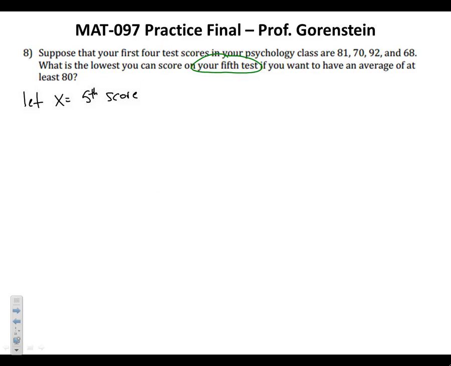We want the average of the 5 scores to be at least 80. That means equal to 80 or more than 80, 80 or above. So average is greater than or equal to 80. That's what we want.